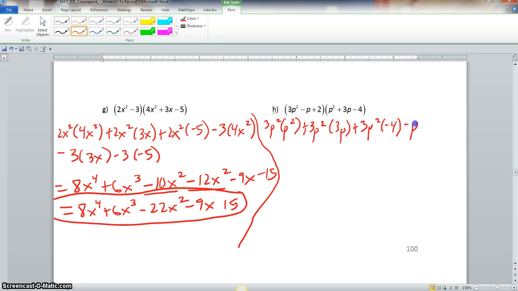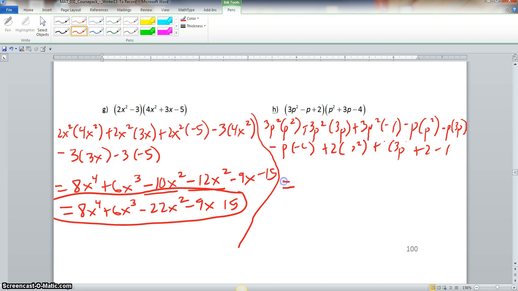And we have minus p times p squared, minus p times 3p, then minus p times a negative 4. Then we will have plus 2 times p squared plus 2 times 3p and plus 2 times negative 4.